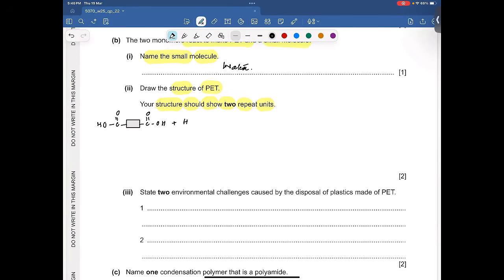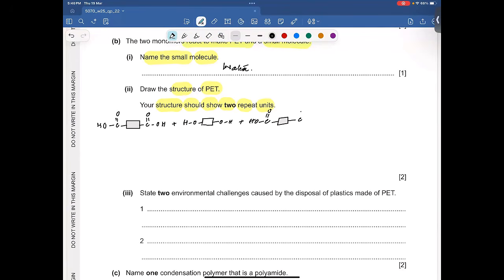Plus this is diol. Then again dicarboxylic acid. And this is diol.